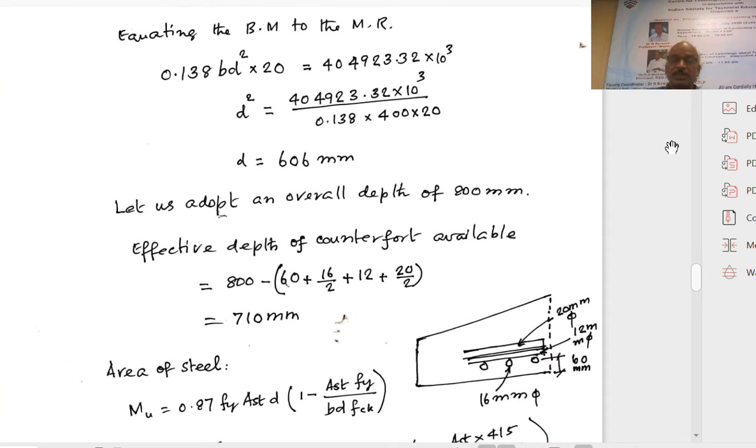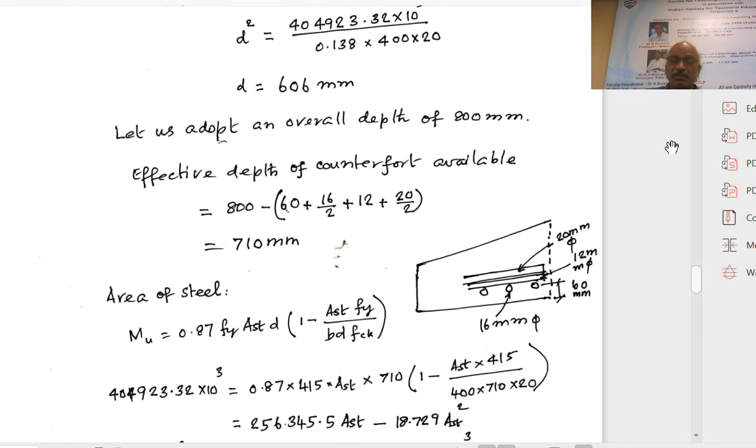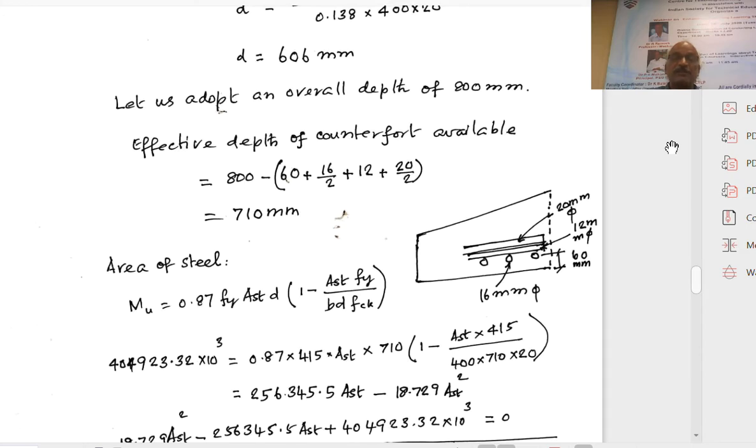So effective depth is equal to, here we have to remember one point in finding out the effective depth, where we can provide the main steel for the front counterfort. So 800 is the overall depth that we have assumed. Already we have provided the main reinforcement for the toe slab at the bottom.